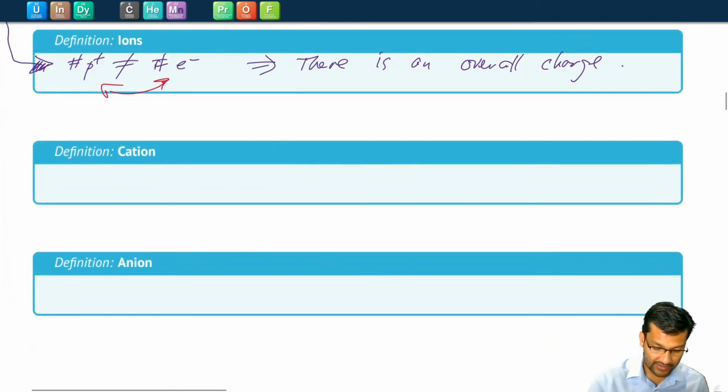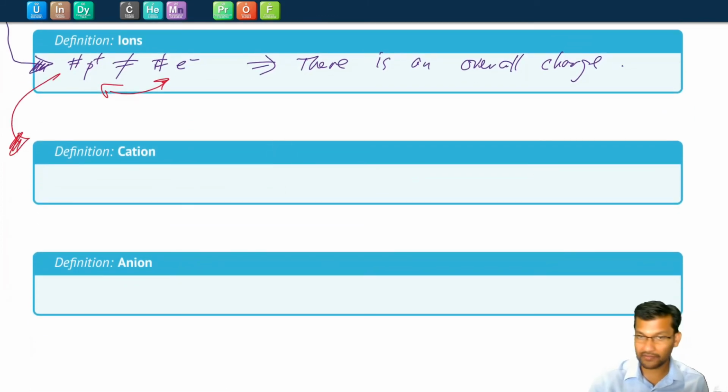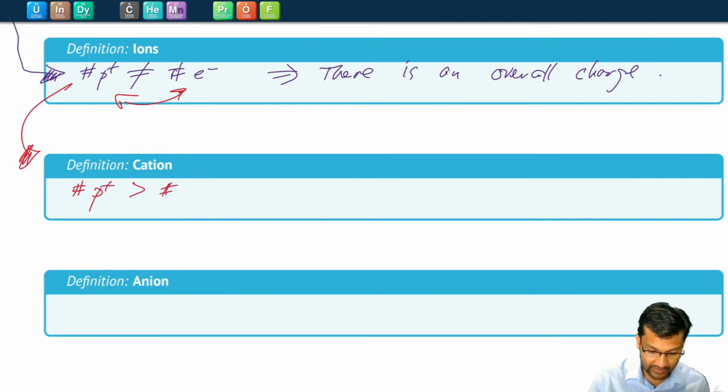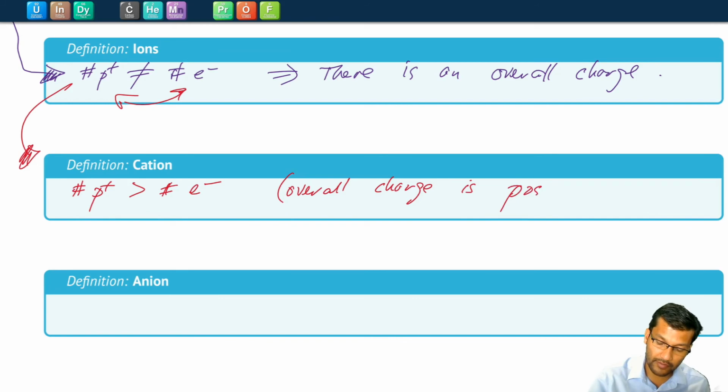All right, let's go back to this idea of an ion. We said they have different numbers of protons and electrons, which means that the charge does not quite balance out. So a cation means that the number of protons is greater than the number of electrons, or to put it another way, the overall charge is positive.